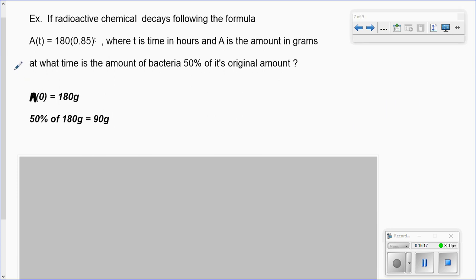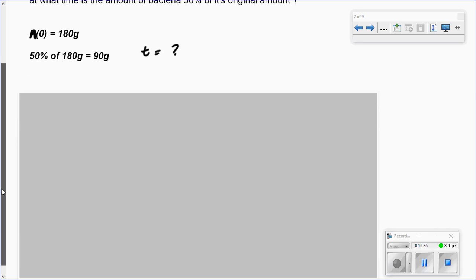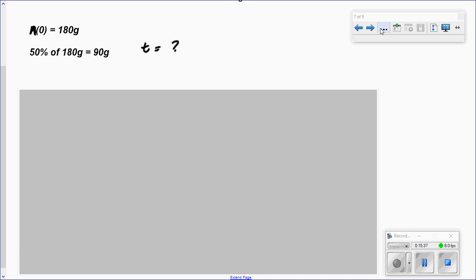A at 0 is 180, that's my initial amount, it shows in the equation. And I want to find out what time I get when I'm down to 90 grams, or 50%.